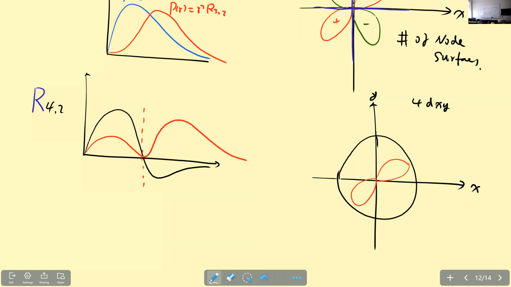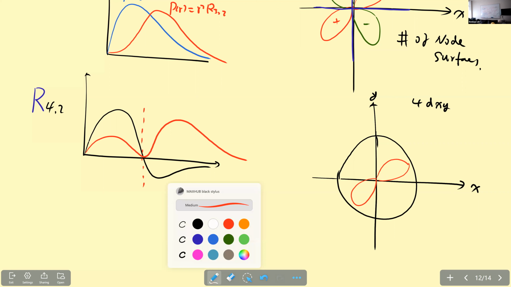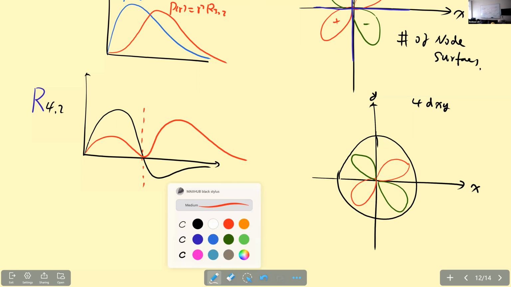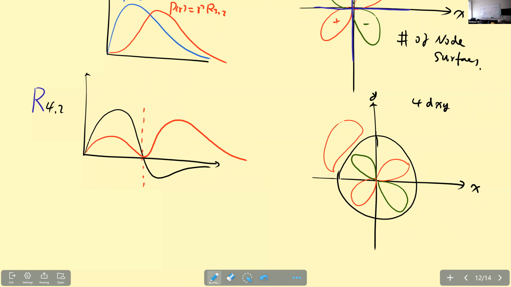Okay, but now you have this one is negative again, right? But you have one more thing outside this.